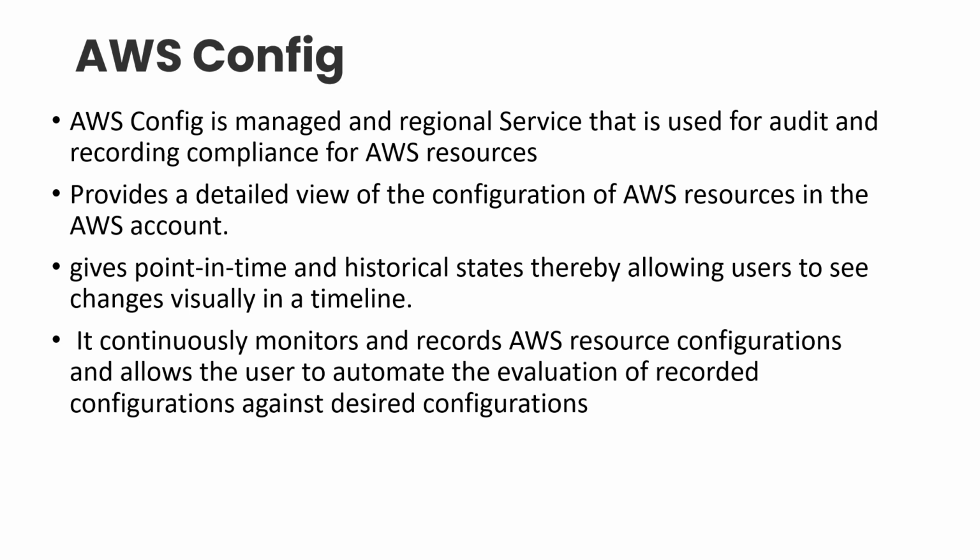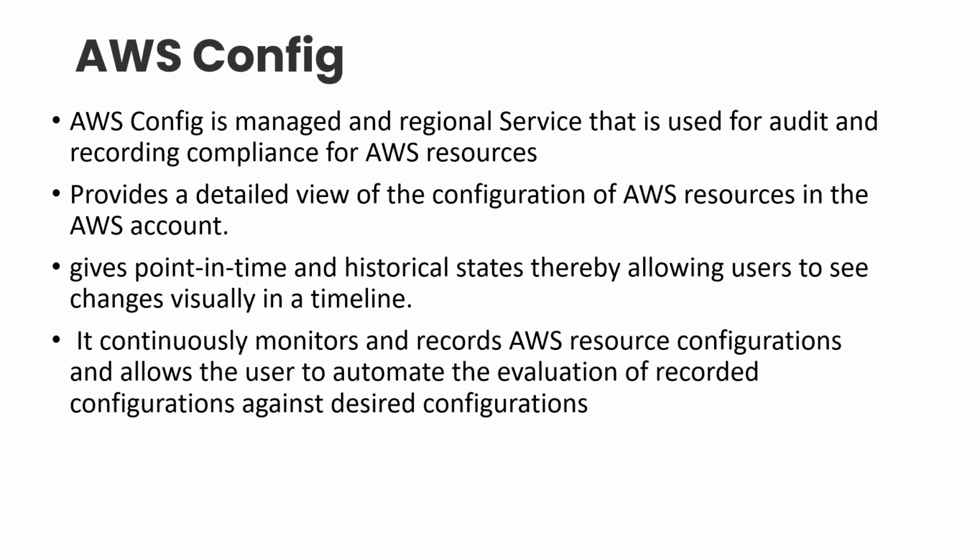It continuously monitors and records AWS resource configuration, and allows the user to automate the evaluation of recorded configuration against desired configuration. So the fourth line, I'm reading it again. It continuously monitors and records AWS resource configuration.